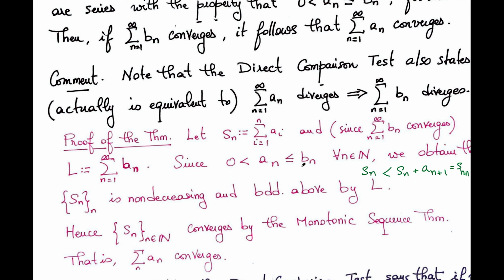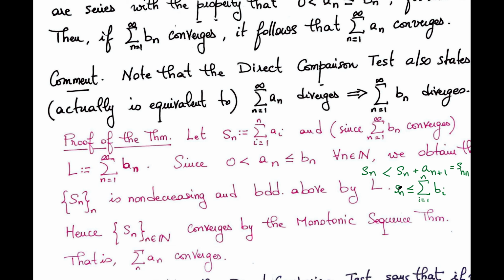Furthermore, Sn is bounded because of this: Sn is bounded above by the nth partial sum of the Bn series. So also we have that Sn is less than or equal to the summation of all the Bi, where i runs from 1 to n. Why?